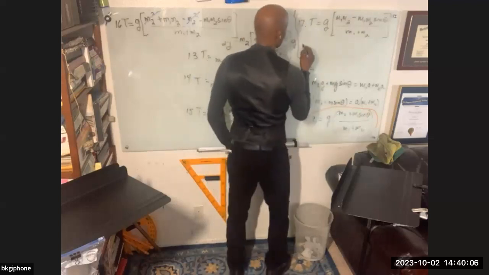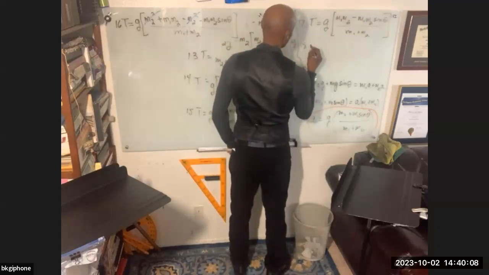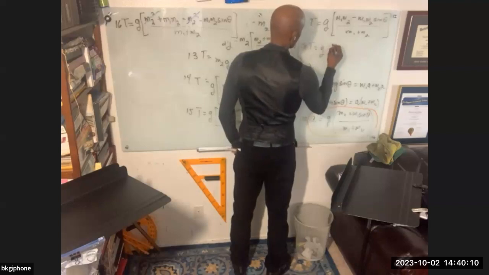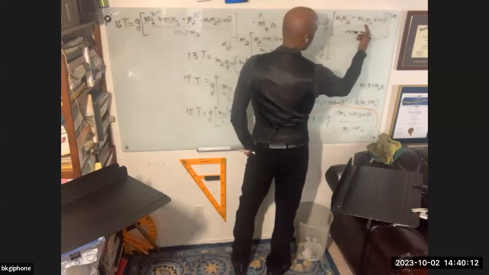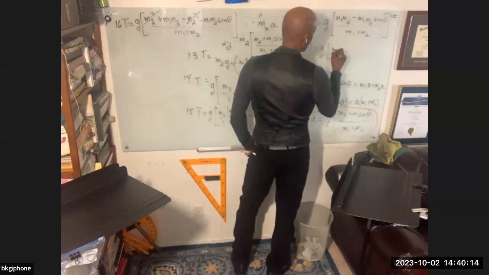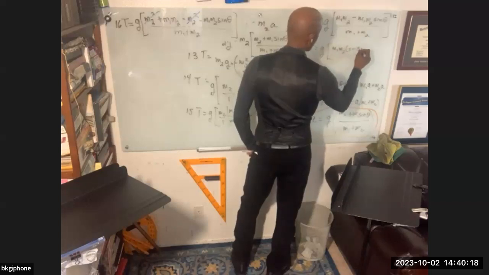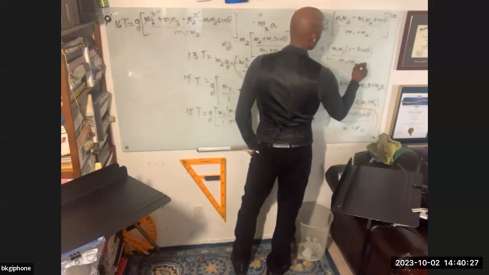I'll just do this in two steps too, because this is a little weird to see how it works. So I can factor out an m1 m2 from there. So I get m1 m2, then 1 minus sine theta over m1 plus m2.